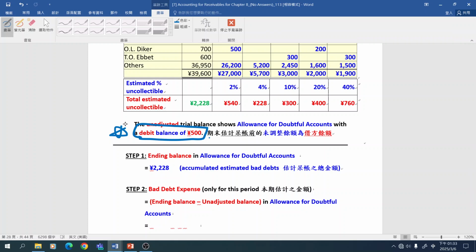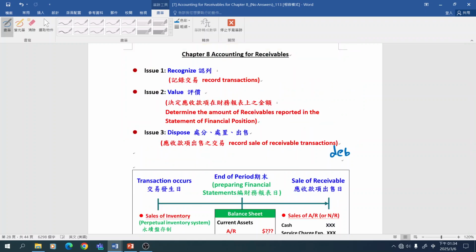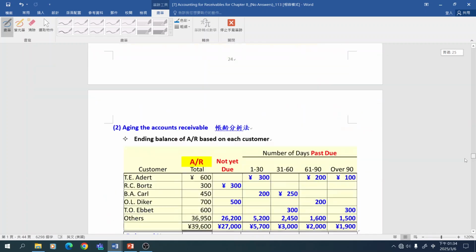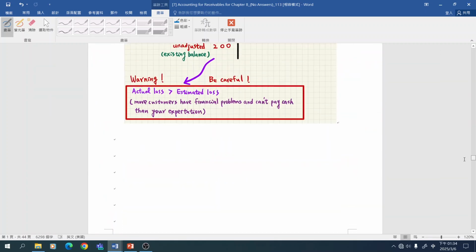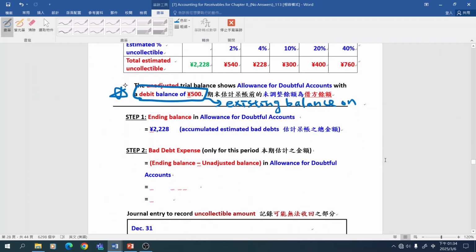Okay, so your existing balance is on the debit side. Then you should be careful. Some big event happened. Okay, so please finish page 28.